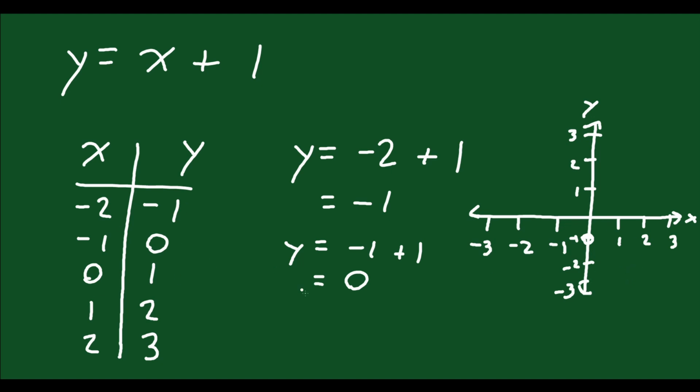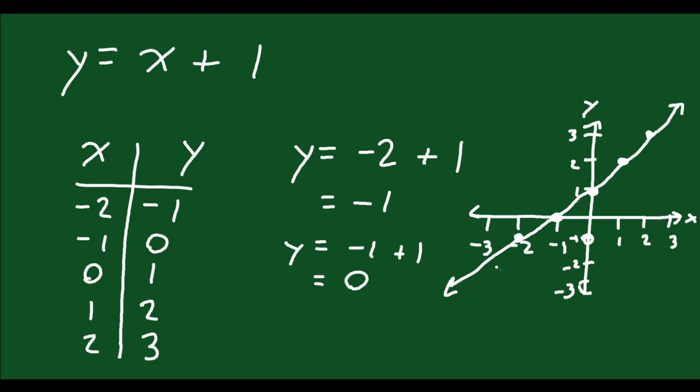And if you plot all these points, you'll have, okay, -2, -1 is a point, so that's going to go right here. -1, 0 is a point, so that's going to go right there. 0, 1 is a point, that's going to go right there. 1, 2 is a point, that'll go right there. And then 2, 3 is a point, so that's going to go right there. And as you can see, we get another straight line, just like that.